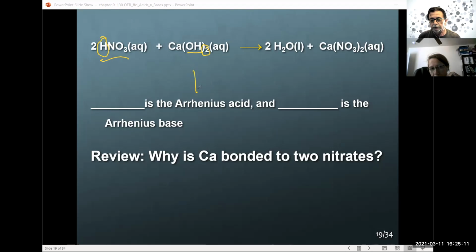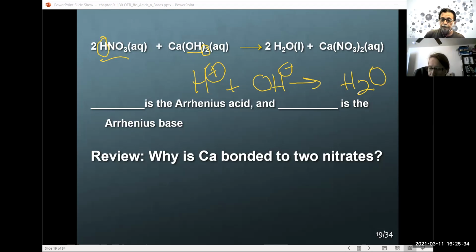I mentioned to you, if not, I'll refresh your memory. When a proton reacts with a hydroxide, you get water. Acid plus a base, hydroxide base, gives you water. You have neutralized the acid and the base to give you water.